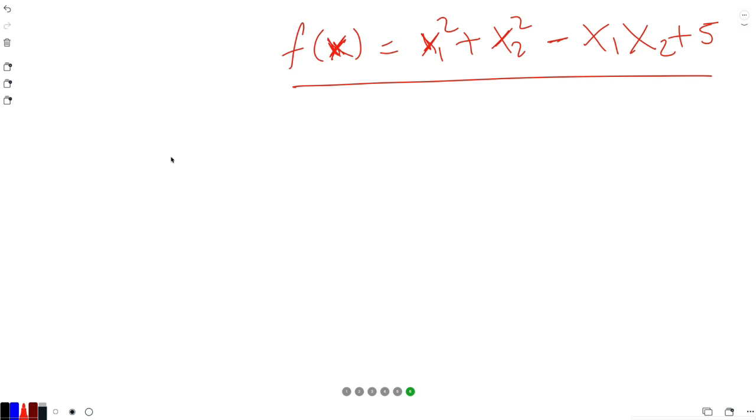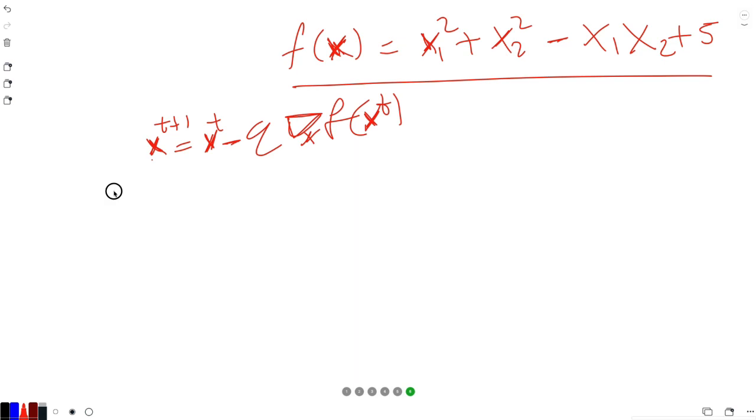For example, as we said, x at t plus 1 equals x at t minus eta times the gradient of f of x at iteration t.